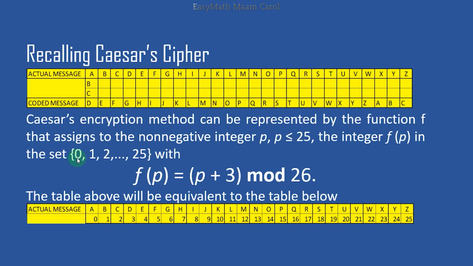Remember that it starts from 0 and ends at its limitation: p should be less than or equal to 25, but cannot be negative. So, it should start from 0 to 25. Now, the integer represented by the function f of p in the set is this. F of p is equal to the quantity p plus 3 modulo 26.